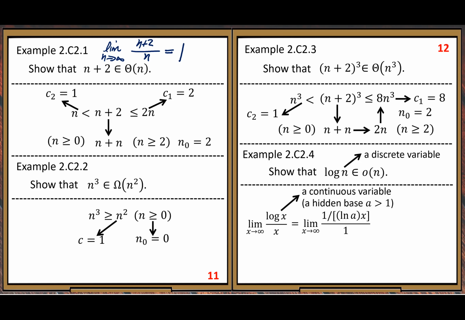Now, L'Hopital's rule: numerator derivative, denominator derivative. The denominator is very easy, just 1. The numerator, you need to find the formula. 1 over the natural log of that base.